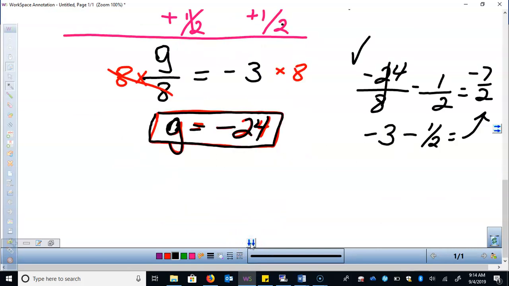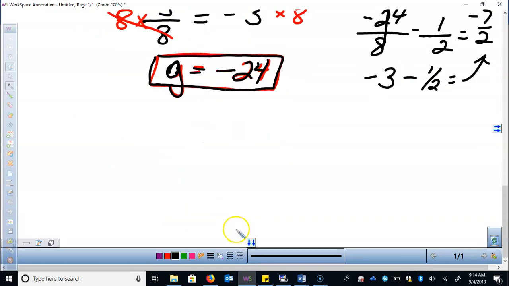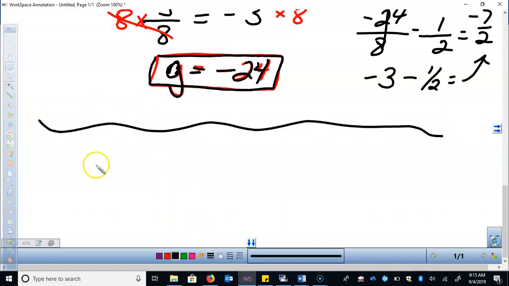Now, not all two-step equations have the coefficient going first. Sometimes we're going to see something a little different, for example in this one. This is still a two-step equation.